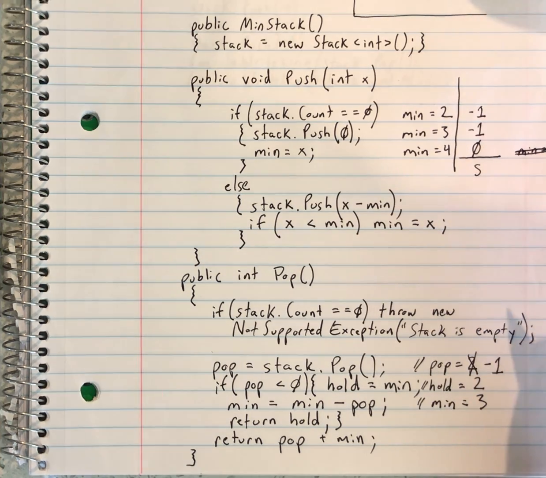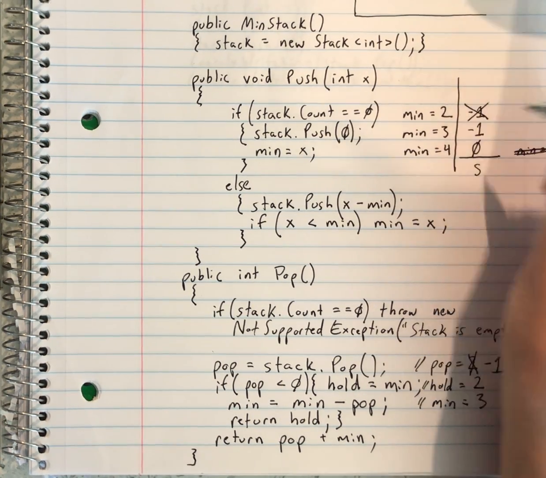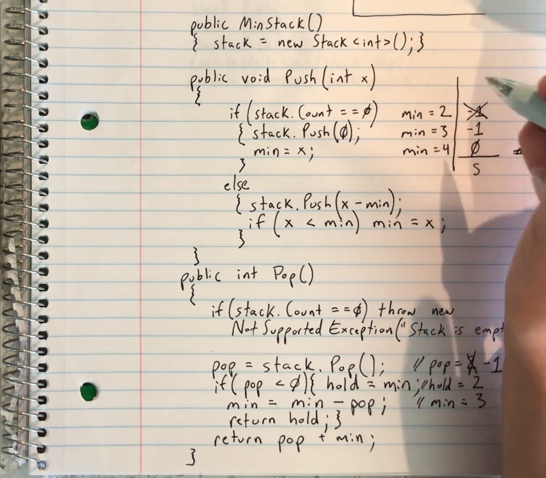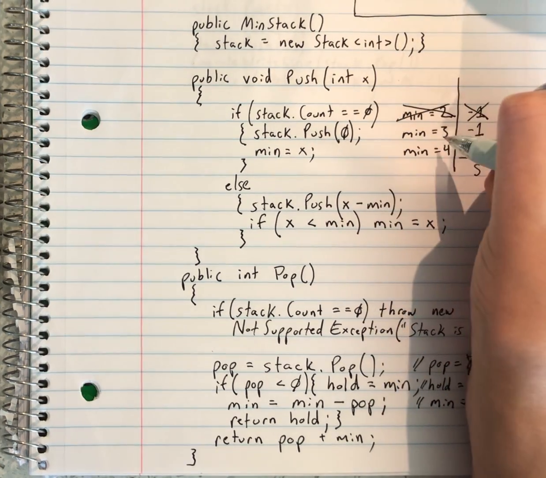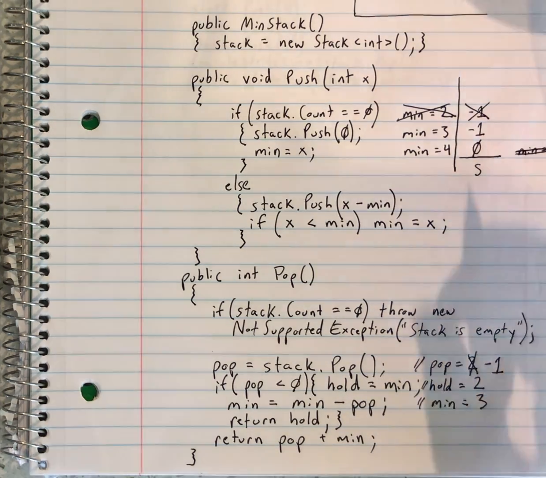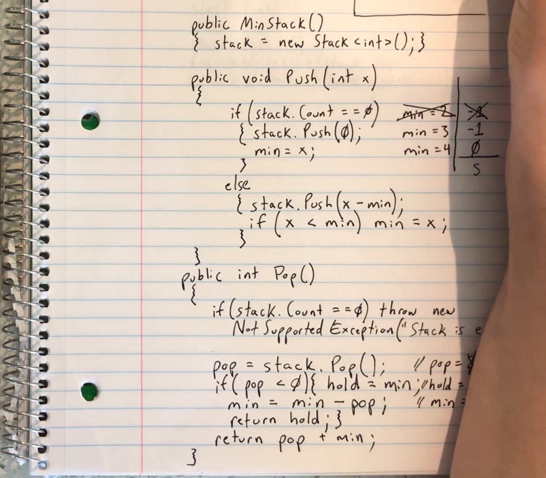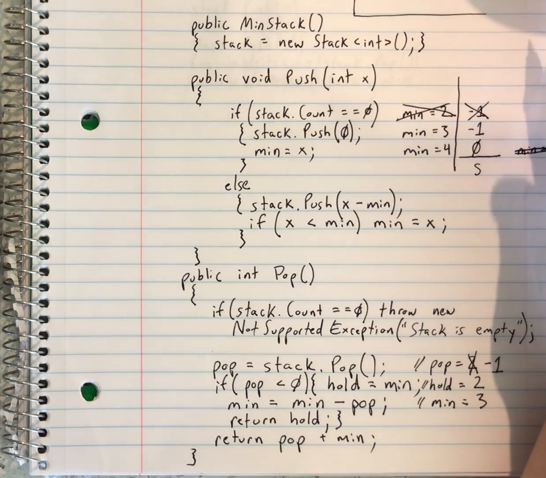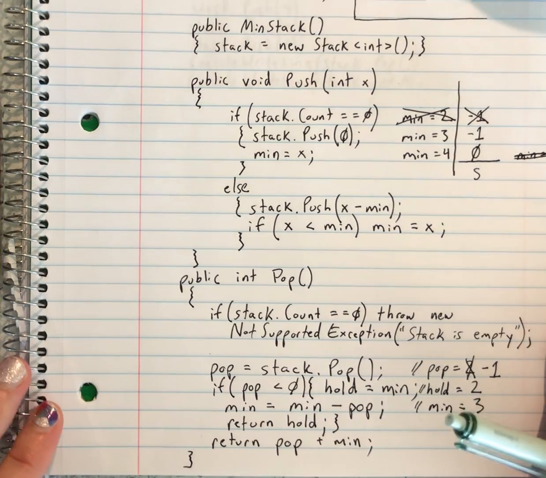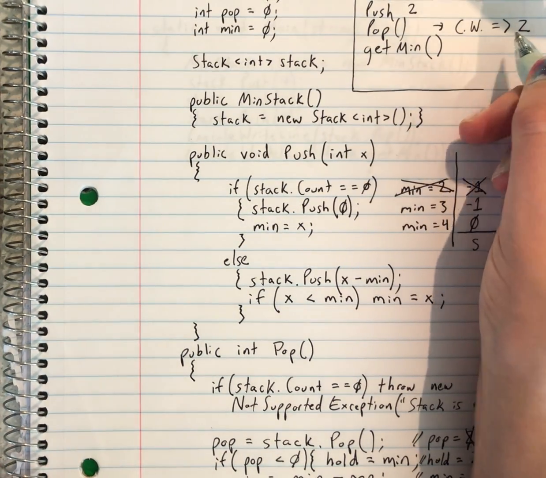So this got popped. Min is now 3. And we will return 2, which means that console.writeLine 2 gets written to the console.